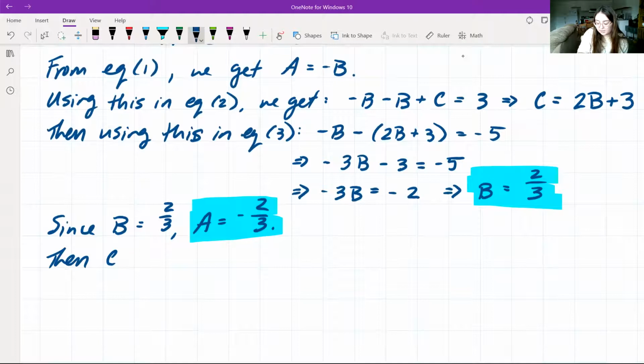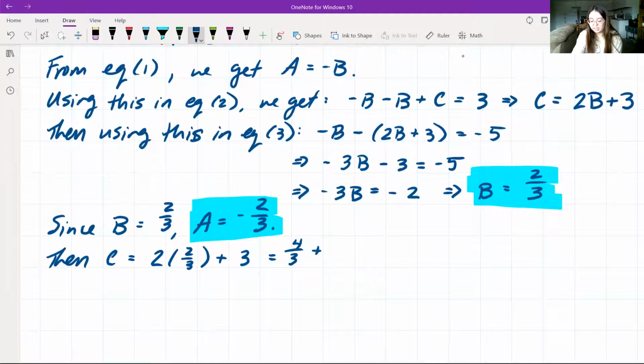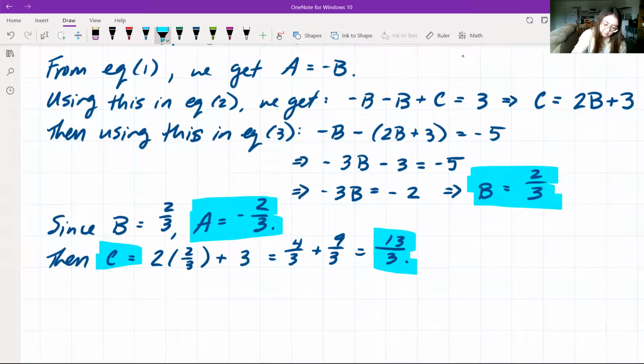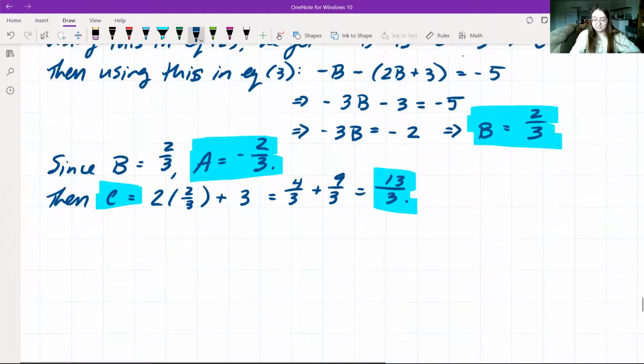So we get that c is equal to 2 times 2/3 plus 3. 2 times 2/3 is just going to end up being 4/3 plus, in terms of thirds, 9/3, which is equal to 13/3. And thus, we have our values of a, b, and c.